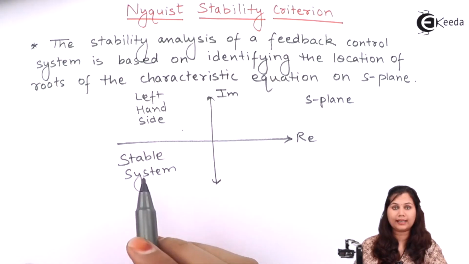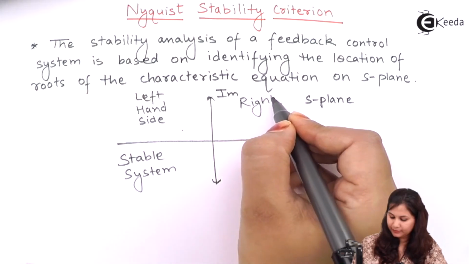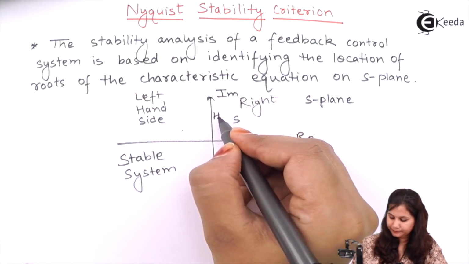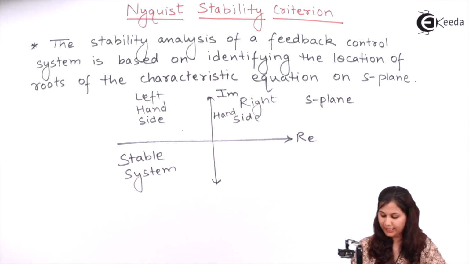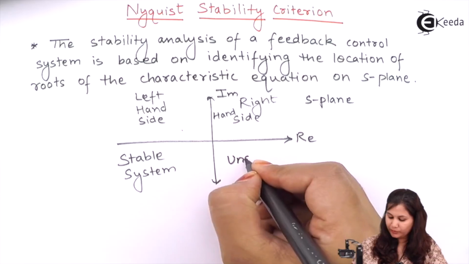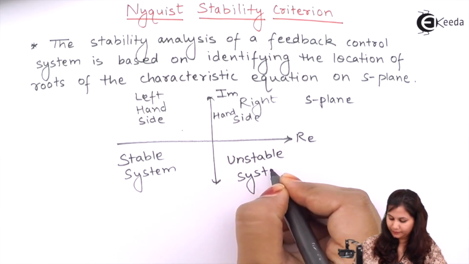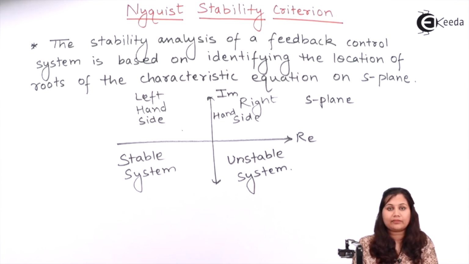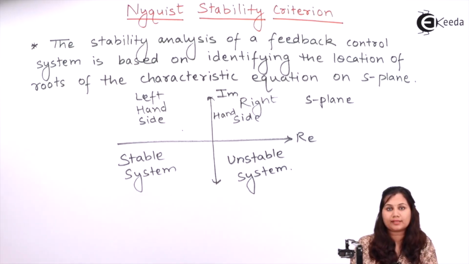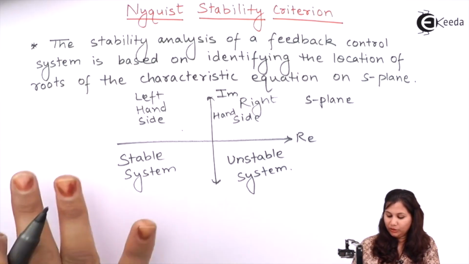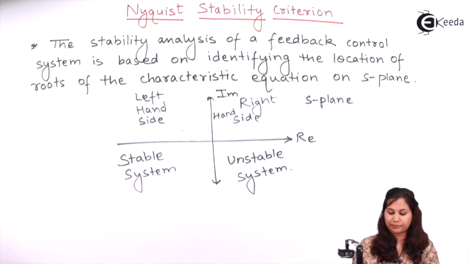And if the roots are lying on the right hand side of the imaginary axis, then the system is said to be unstable. That is, whenever we want to find out the stability of a feedback control system, we just find out the location of the roots of the characteristic equation on the S plane.